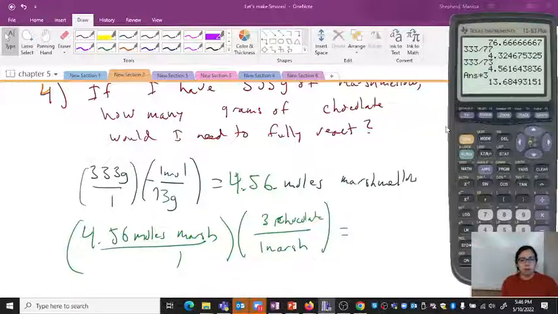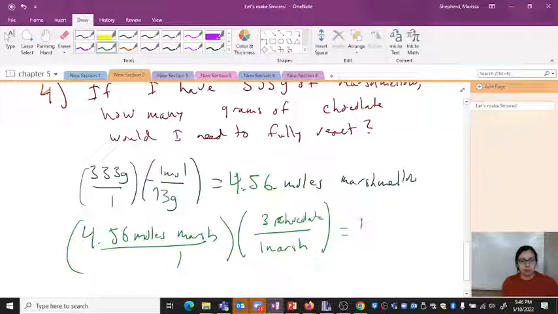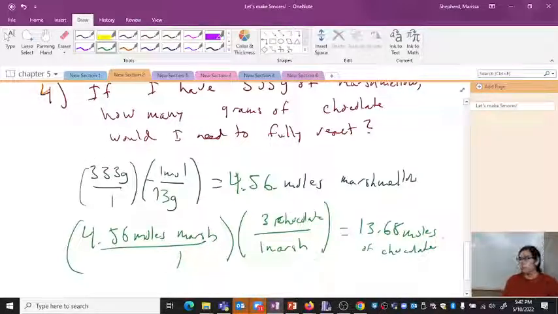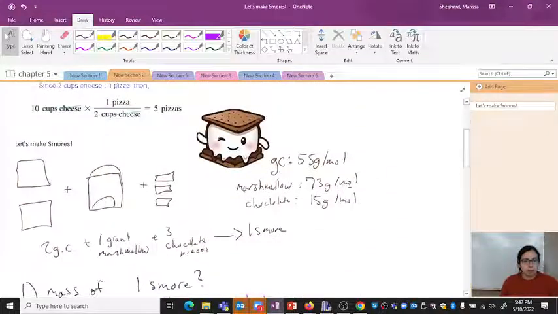But then what did our problem ask for? Grams. So what's the last step? Convert it to grams of chocolate, so multiply by its molecular weight. I have to look back, so we said chocolate was 15 grams per mole.